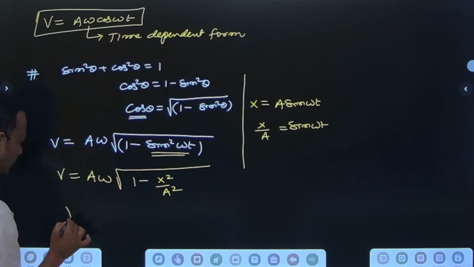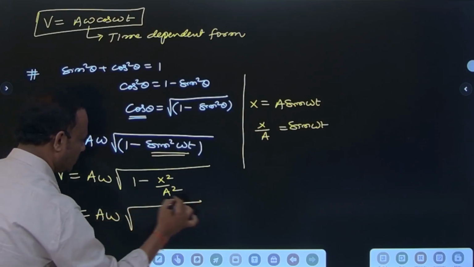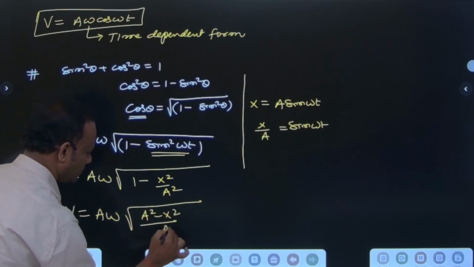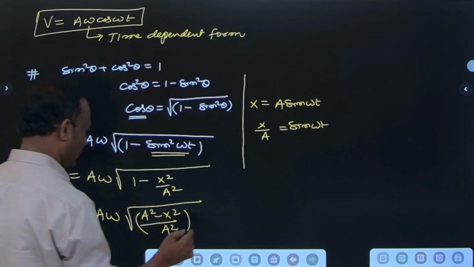So this is V equal to A omega times under root of A square minus x square by A square. One A cancels, correct? This comes out of the root. So what will be your final answer?